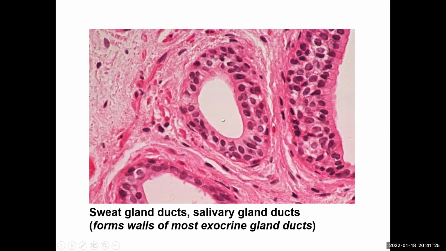So when we're looking at stratified cuboidal epithelium, it's going to help with protection and support. We're going to find it in sweat glands, primarily the ducts. So stratified cuboidal epithelium, we're going to find surrounding a lot of those ducts in our exocrine glands.